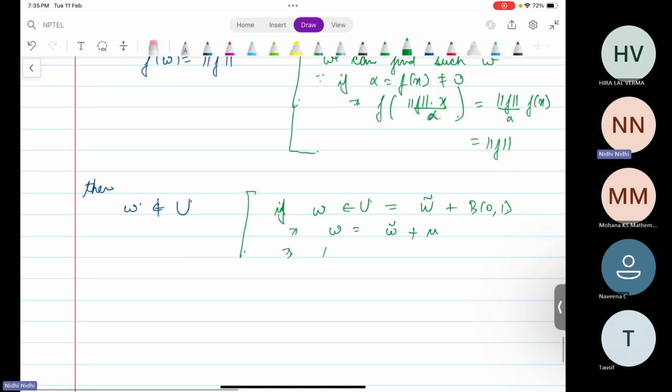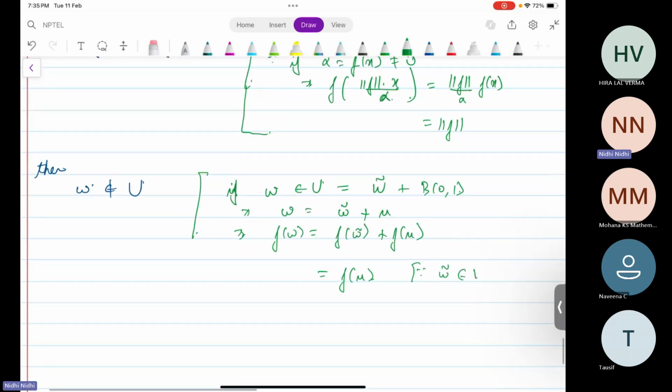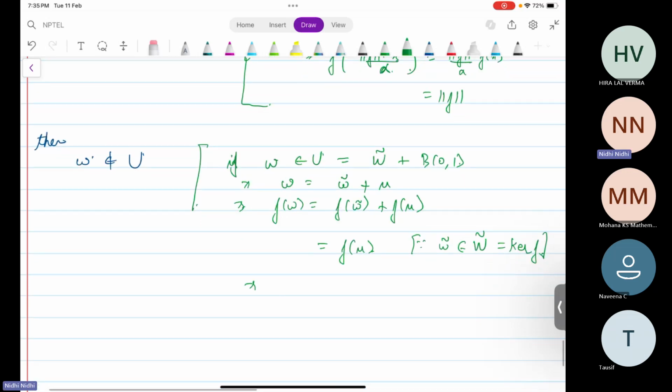In that case, f(w) will be f(w tilde) plus f(u), since f is linear, and this is equal to f(u). Why? Because w tilde belongs to capital W tilde, which is the kernel of f, and that's the definition of kernel f. Every element in kernel f is mapped to 0. This gives us f(w) is equal to f(u).